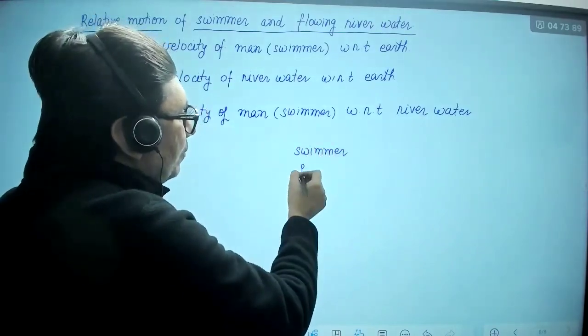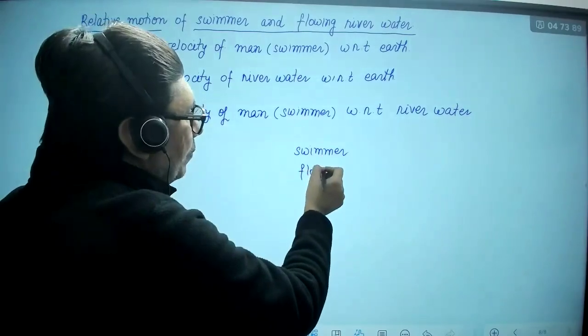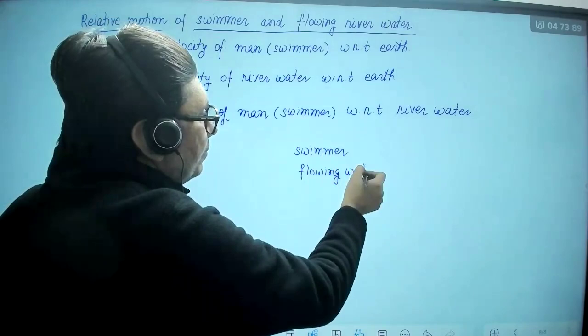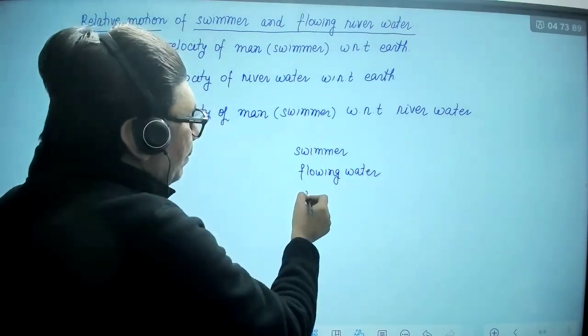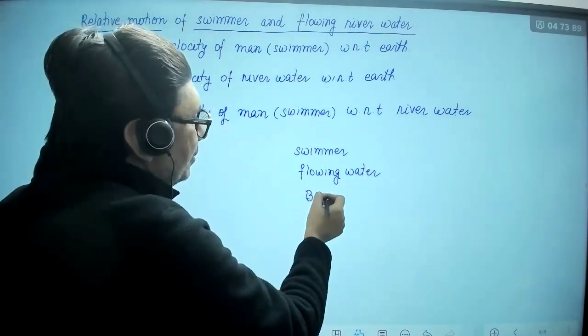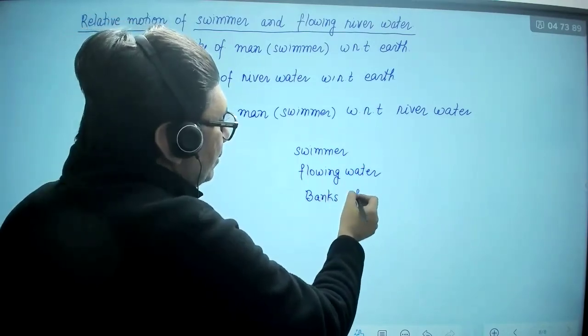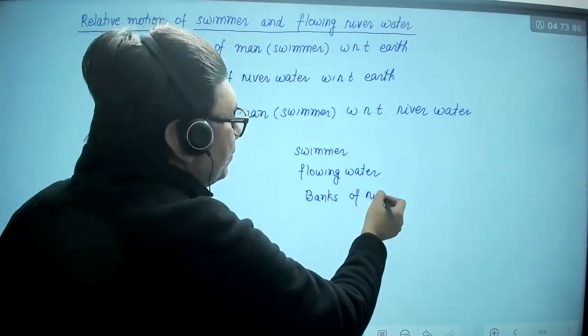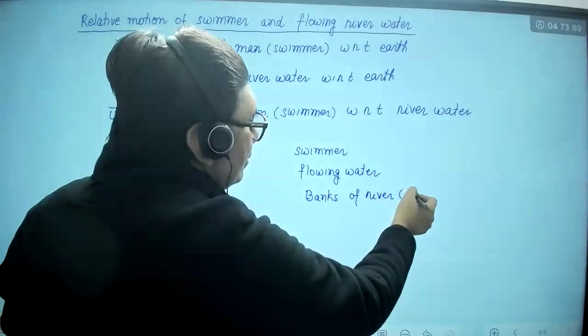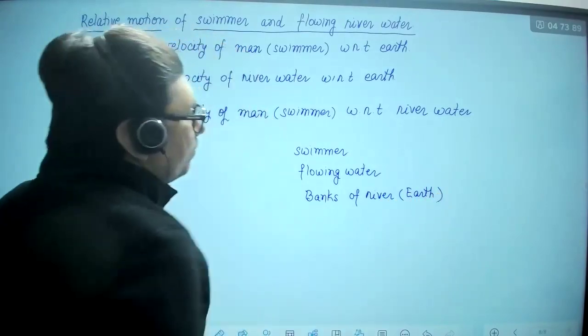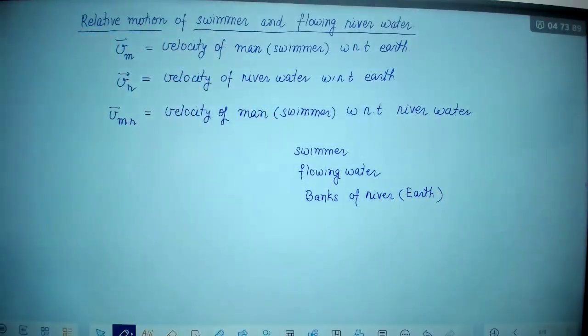Flowing water is there. Third, banks of river. You can consider them earth. So these three bodies are involved.